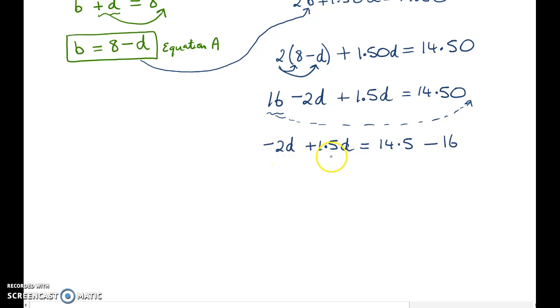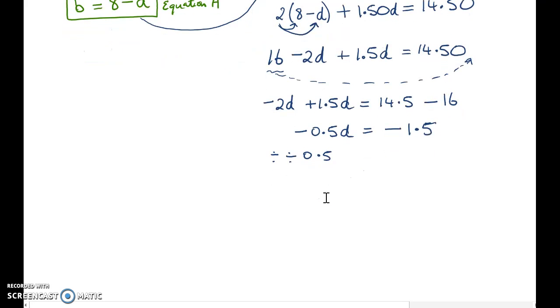Now negative 2 plus 1.5 is negative 0.5d, and 14.5 minus 16 is minus 1.5. If we want to get d on its own, we're going to have to divide both sides by negative 0.5. So just doing that old familiar problem here.